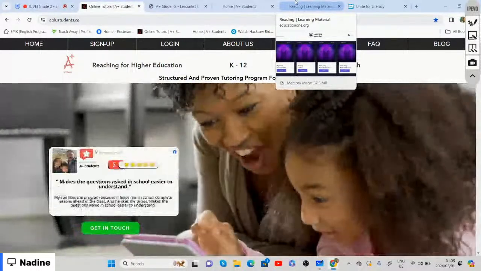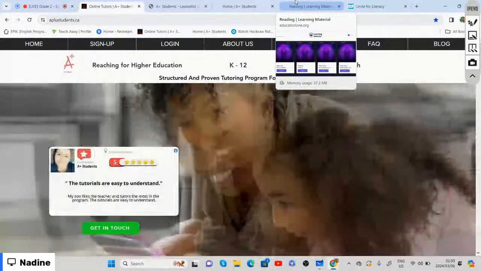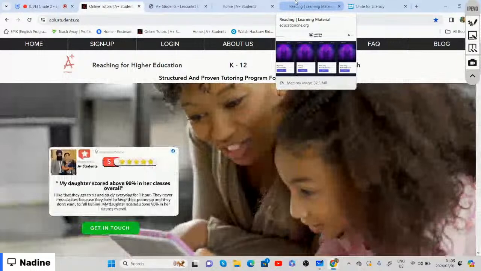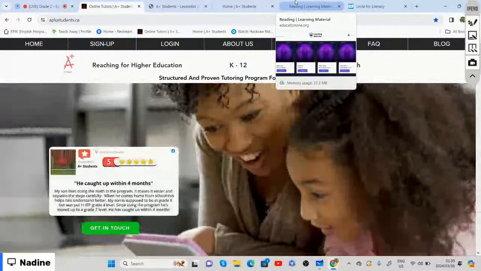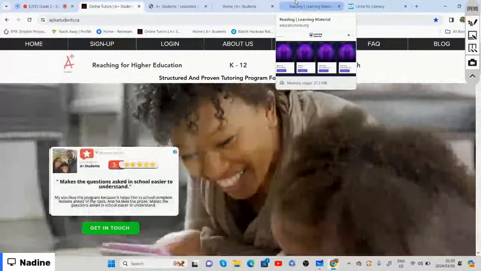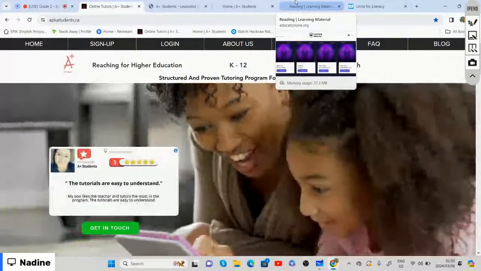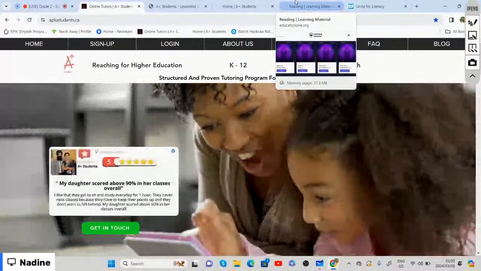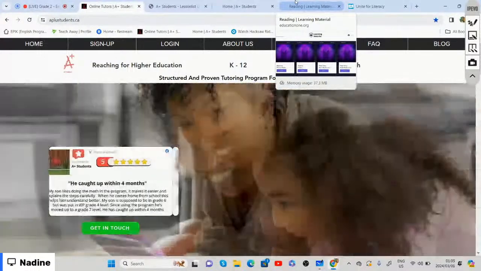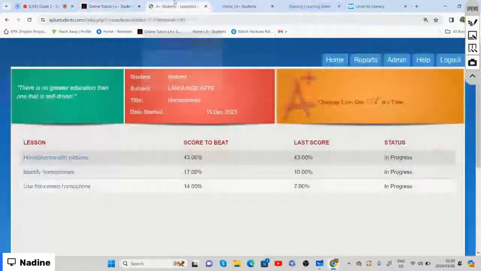Once we've logged on with our username as well as our password, we're going to select the subject of language arts, grade 2, and then scroll down until we get to our chapter of homophones.